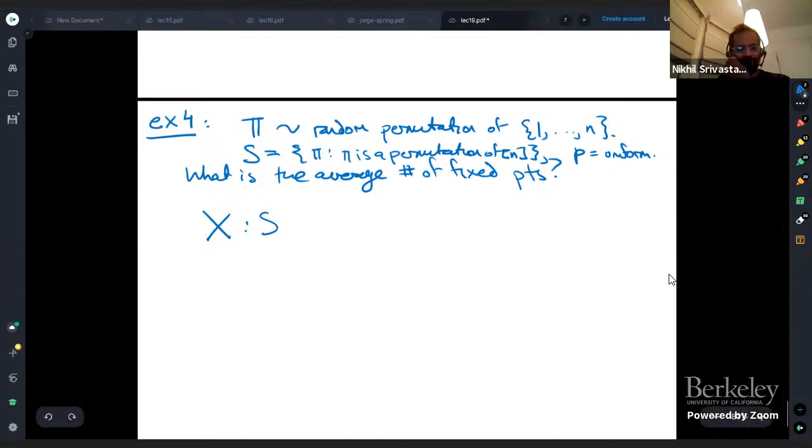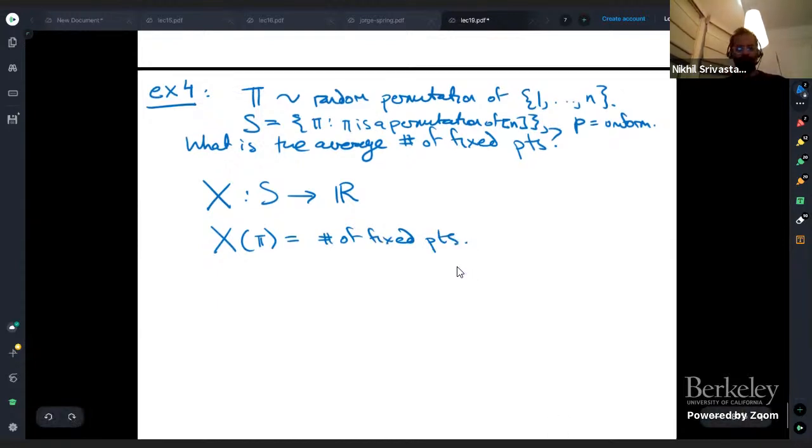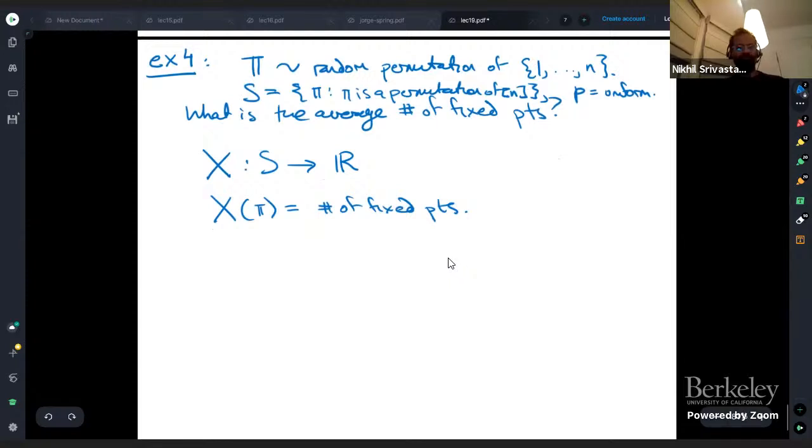So X is now a function from S to real numbers, where X of a permutation is the number of fixed points. This would come up if, for example, we graded all the exams and then gave them all to random people in the class instead of to who they were assigned. The question is how many people would get back their exam on average.